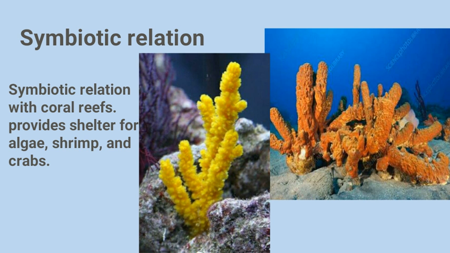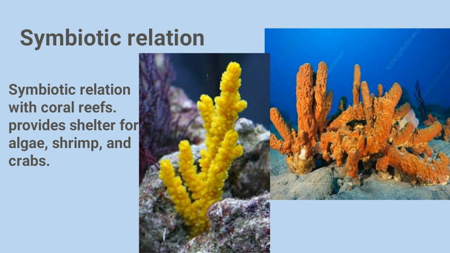As I told you earlier, they are sessile. They are found attached on the coral reefs. Coral reefs are basically the substratum on which sponges attach themselves, and so they form a symbiotic relationship.